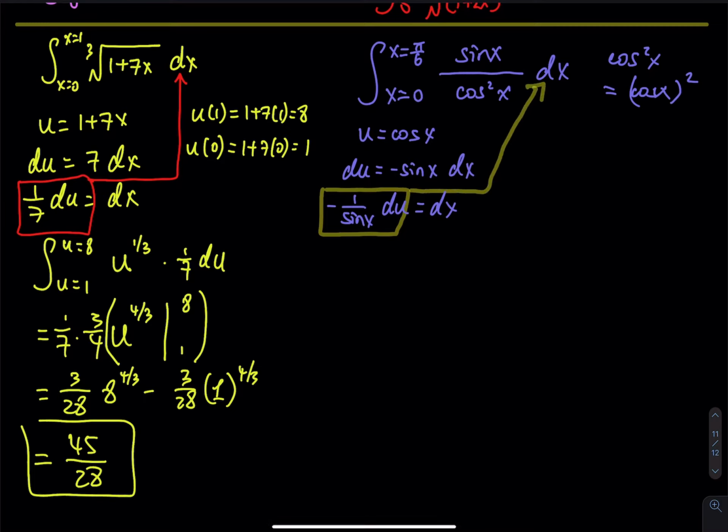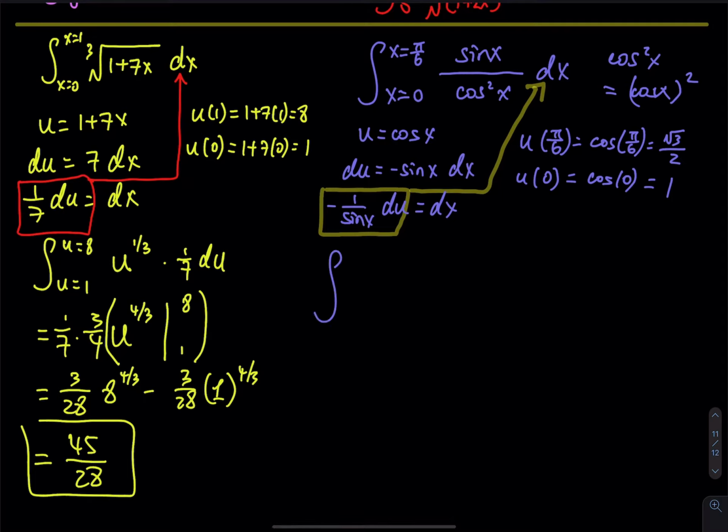Since this is in terms of u, we have to use u of pi over 6, which is cosine of pi over 6, and then u of 0, which is cosine of 0. Cosine of pi over 6 is root 3 over 2. Cosine of 0 is equal to 1.